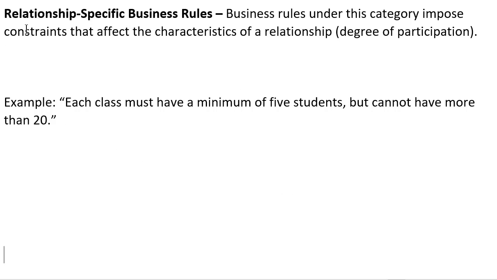So an example that you might have as a relationship-specific business rule would be each class must have a minimum of 5 students but can have no more than 20. So how do you implement that? That's the idea of having business rules and then using that database to help you achieve those business rules.